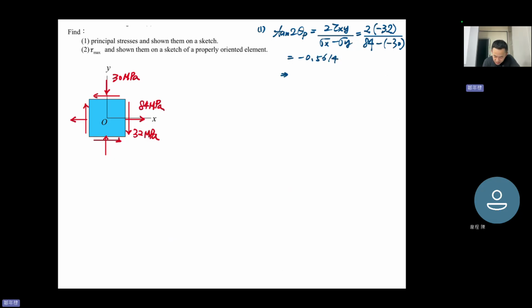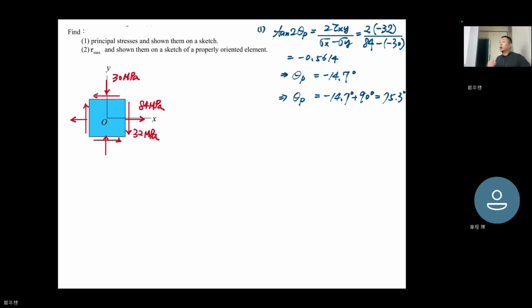So it gives us theta p equal to minus 14.7 degrees. And we know there is another solution, theta p equal to minus 14.7 degrees plus 90 degrees, 75.3.